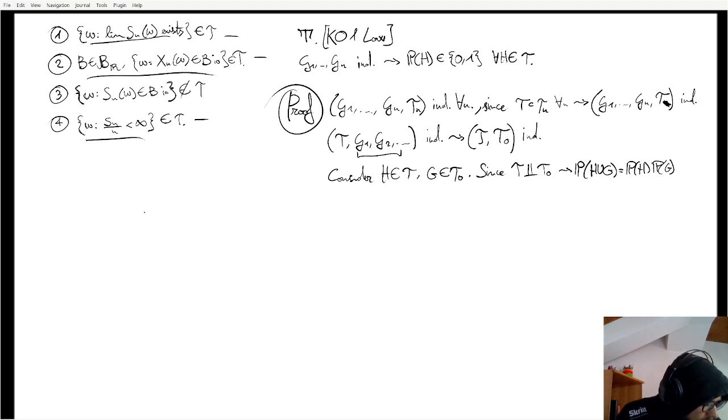And here it says that since T is contained in Tn for any n, and T is contained in T0, then T is contained in T0.